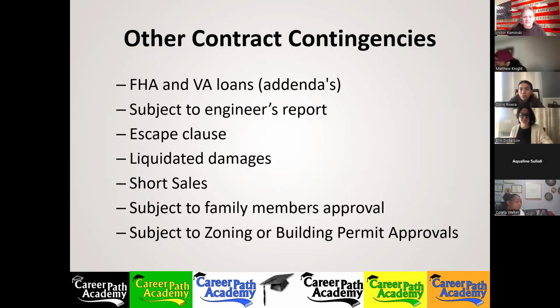The seller. Then we could have liquidated damage agreements added to contracts, or short sale notifications and addendum added to contracts. Short sale is just like what it sounds. You're shortchanging somebody in the sale of the property. It's basically when the owner of a property owes more on the house than it's currently worth.